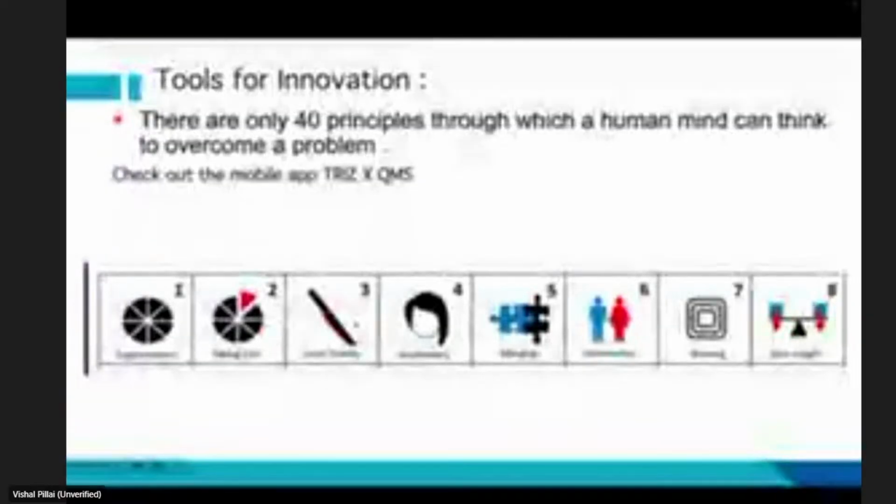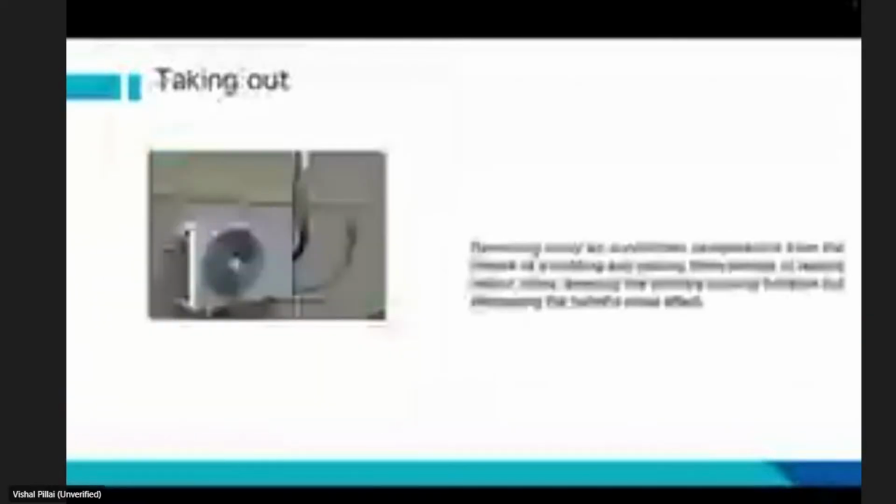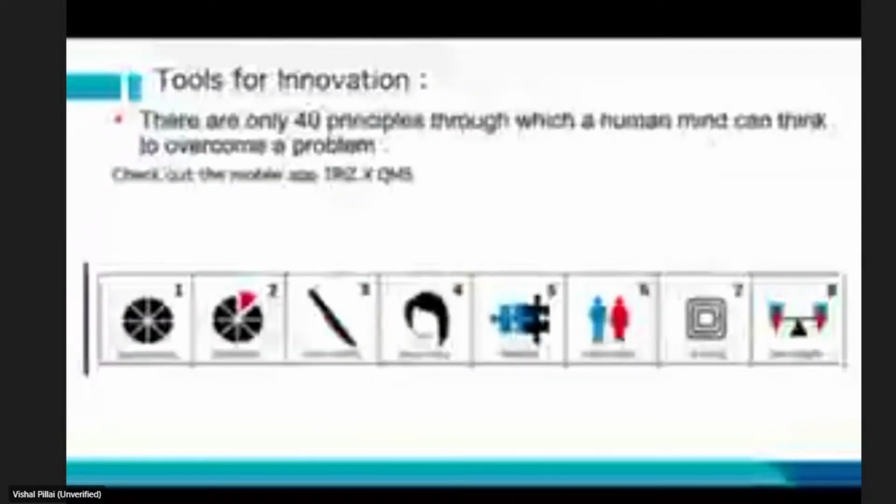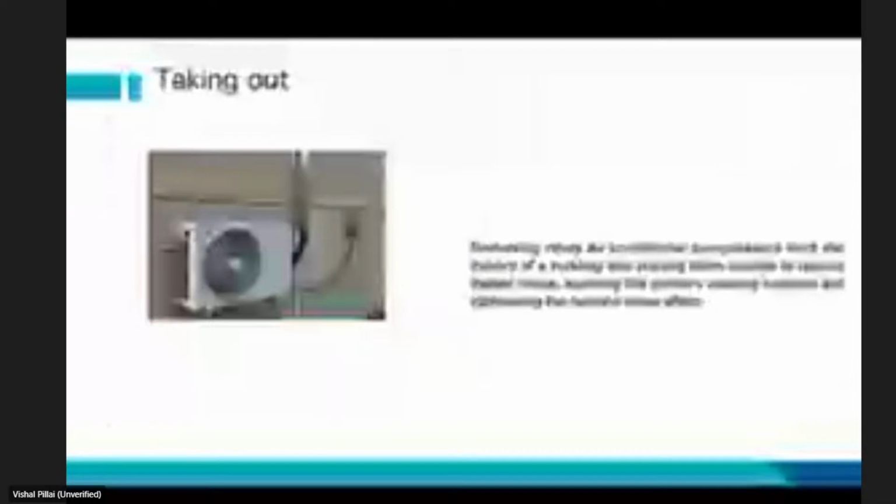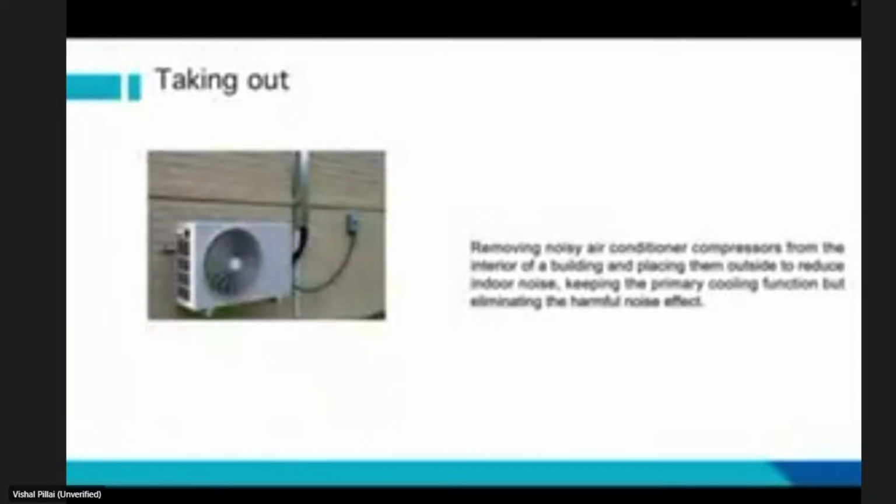If you look at local quality, there are again some things like taking out. I'll give you an example of this taking out. You might have seen air conditioners, where the air conditioning system has an evaporator and a compressor. Both are required, and in the initial stages the ACs used to be one unit, and now you have units which are separate.